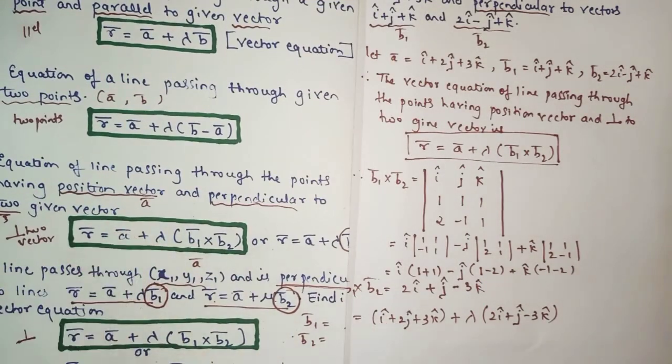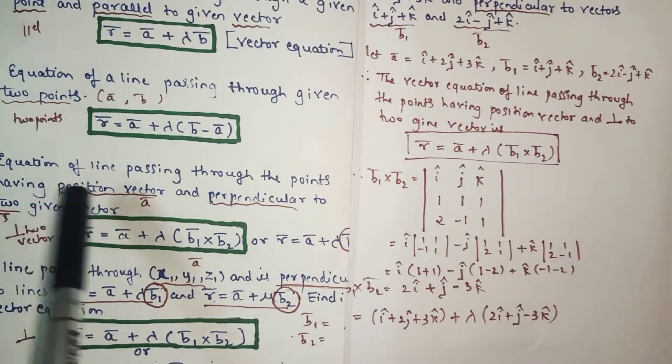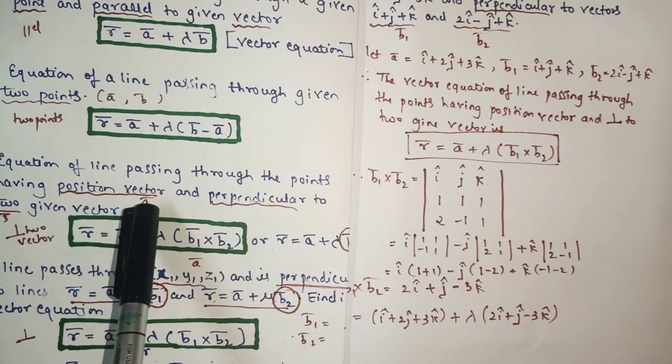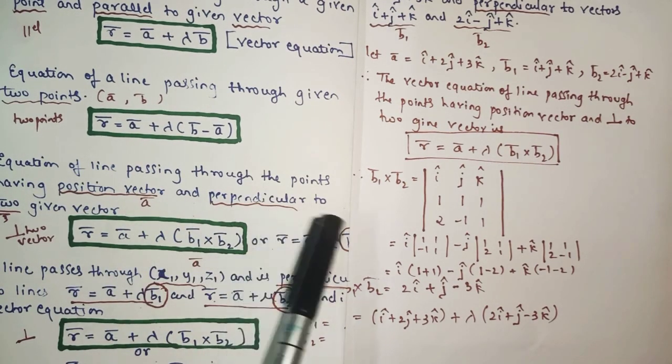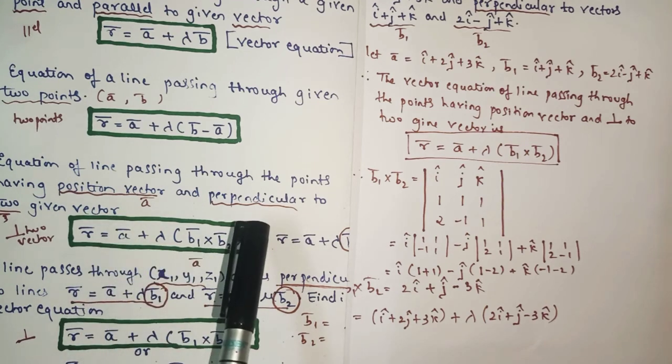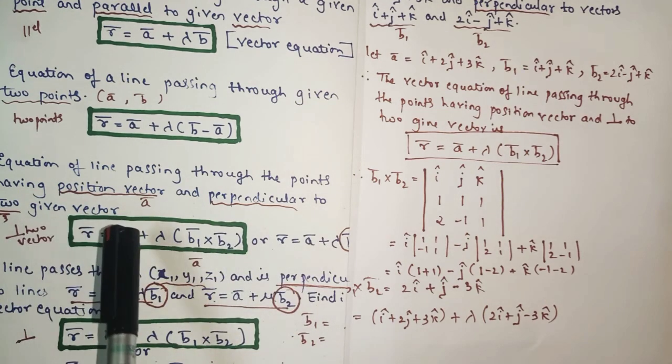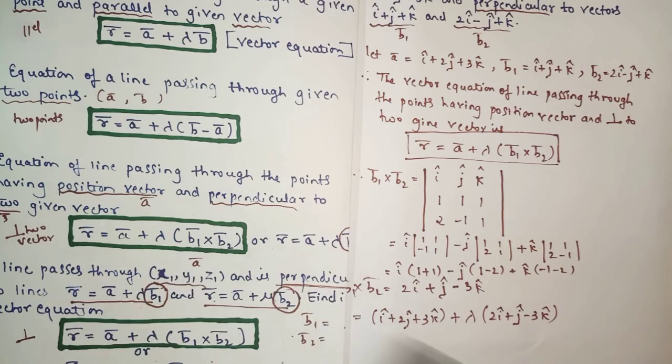In question number four, we have to apply the third formula, in which it says that we have to find the equation of a line passing through the point having the position vector and perpendicular to the two given vectors. Whenever they use the words perpendicular to the two given vectors, we have to apply this formula.